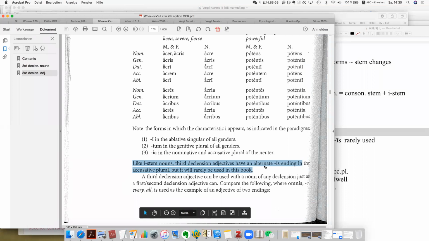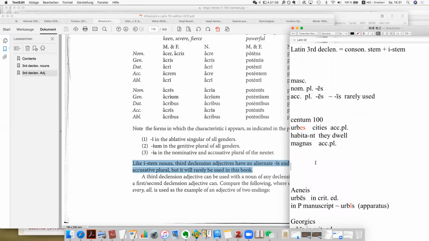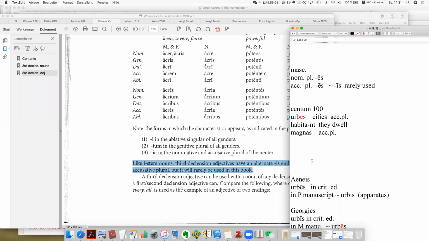It says that it has an alternate "-is" ending in the accusative plural, but it will rarely be used in this book. And then we read a very short sentence, and all the words you already know: centum urbes habitant magnas. So they live in the hundred big cities.